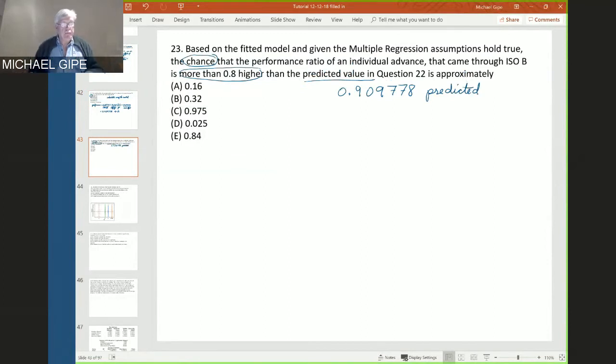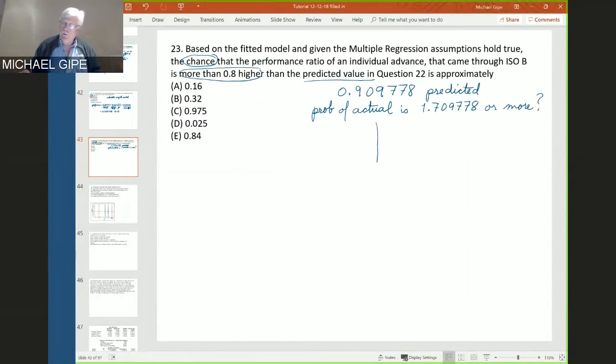And so what's the probability that the actual is 0.8 plus that? So let's see, 0.8, sorry, 1.709778 or more.